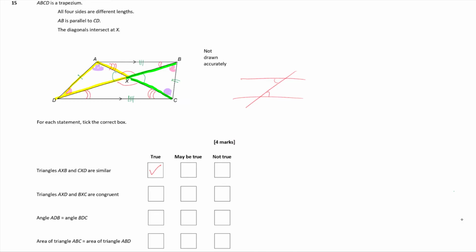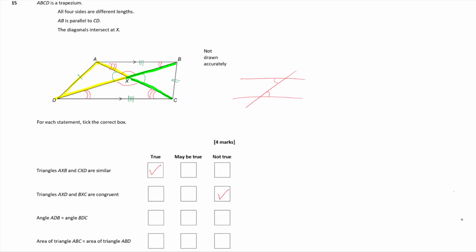So I think we can confidently say that these are not congruent from the information we've got on the diagram. That's definitely not going to be able to happen. For it to happen, then the trapezium couldn't have all different side lengths, and they are. So that one definitely can't be true.